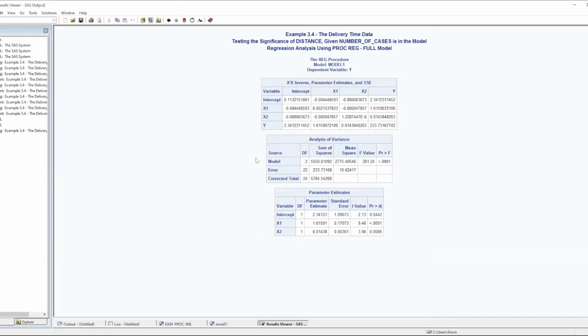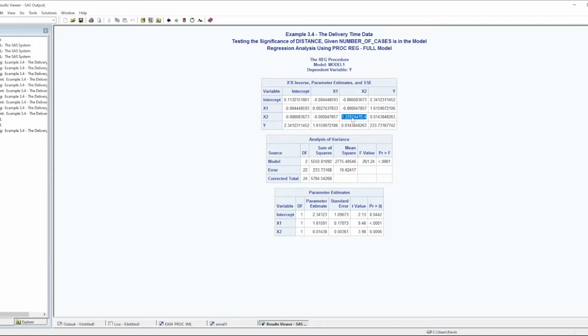We're also going to need the estimated covariance matrix for the beta vector, and that is the upper 3 by 3 portion of this table that I'm circling here. The estimated variance of beta 2 hat is given by the entry in row 3, column 3.